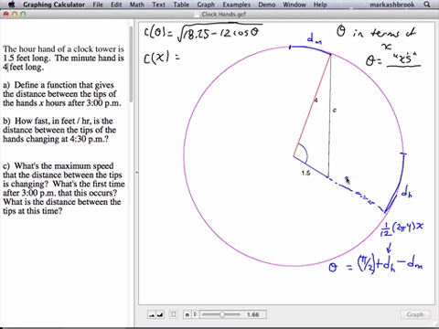But this is just the angle. Okay, so we want to do arc length. All right, so S equals 4 theta. That's what we're talking about here.